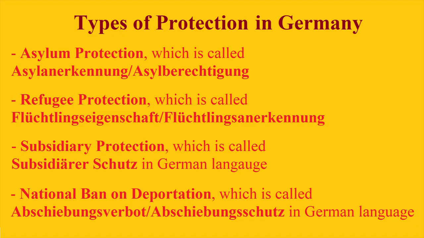You usually get a protection from the Federal Office for Migration and Refugees of Germany through a special letter sent to you by this office, which is called Anerkennungsbescheid in German.